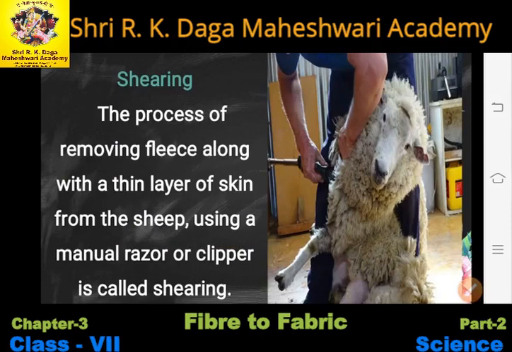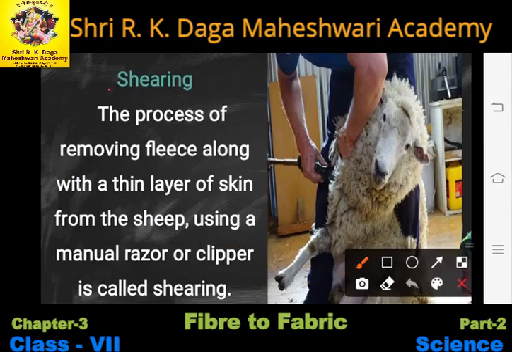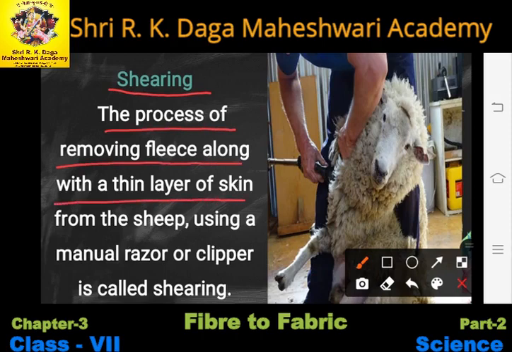So first of all, we will see what we mean by the word shearing. Okay, students, you have to read along with me. The process of removing fleece along with a thin layer of skin from the sheep using a manual razor or clipper is called shearing.